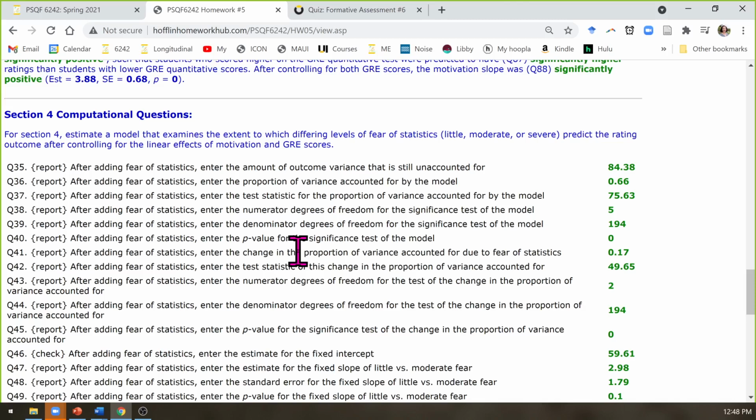If you did it that way, you didn't have to write any estimate statements to get the mean differences. If you did it the way that I asked you to in homework 4 instead, where it would be 0, 1, 0, and then 0, 0, 1, you would have gotten little versus moderate and little versus severe. And then moderate versus severe would have been a linear combination. So either way, you can end up at the same place.